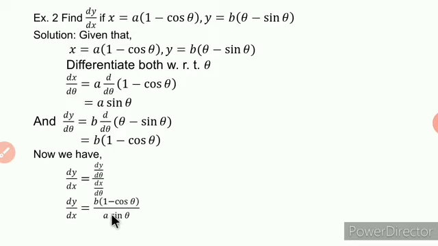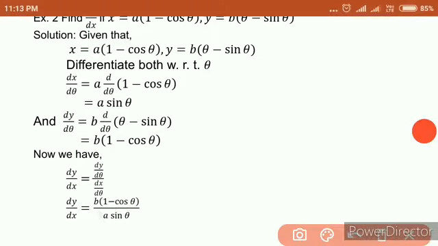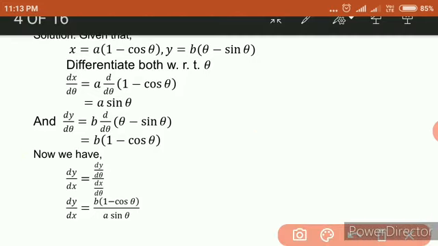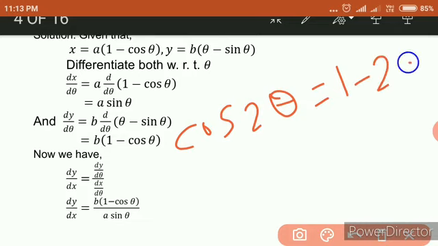Now we know the formula for cos 2 theta. What is the formula? We use the cos 2 theta formula. Cos 2 theta is equal to 1 minus 2 sin square theta.